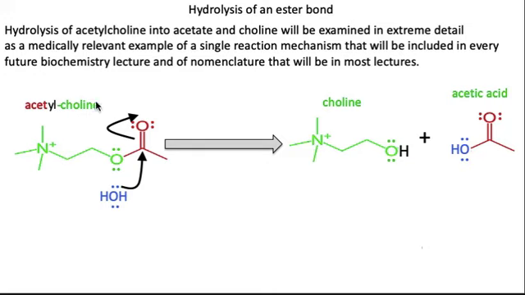In the case of hydrolysis of an ester bond, those 2 products will specifically have a carboxylic acid group and an alcohol group, basically a hydroxyl. In the specific case of hydrolysis of an acetyl group from a compound, that carboxylic acid will be specifically acetic acid. Acetic acid is profoundly important because it reminds you that the acetyl group has 2 carbon atoms.